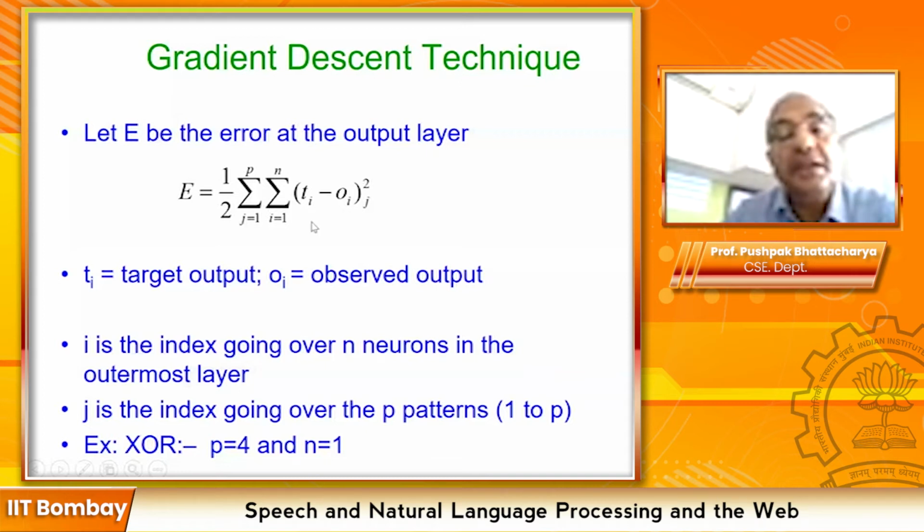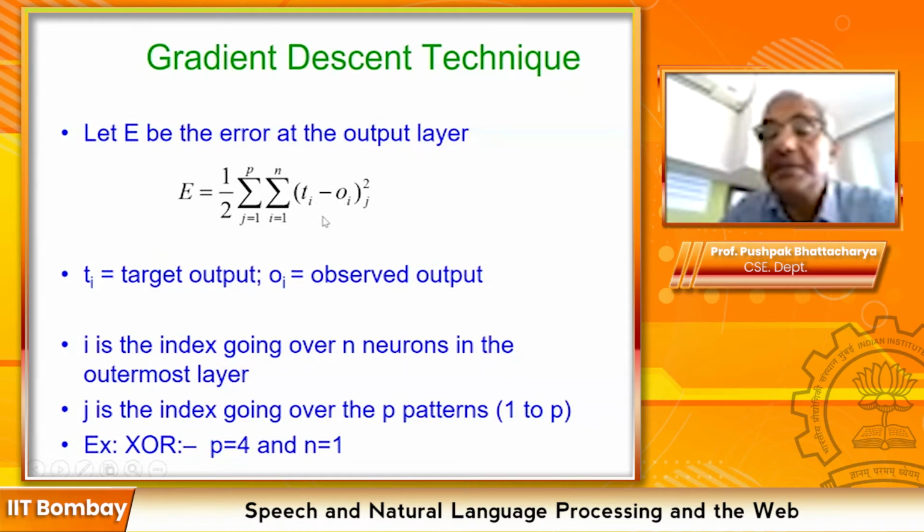Now there are competing loss functions. One of the most popular loss functions, other than total sum square, is the cross entropy loss. And cross entropy loss is more used, at least in NLP, than the total sum square error. Total sum square error is used, for example, in time series prediction, stock market prediction, any kind of such situation.